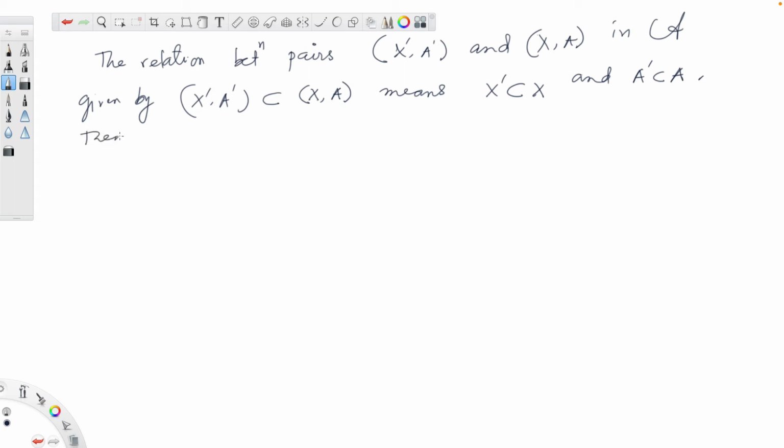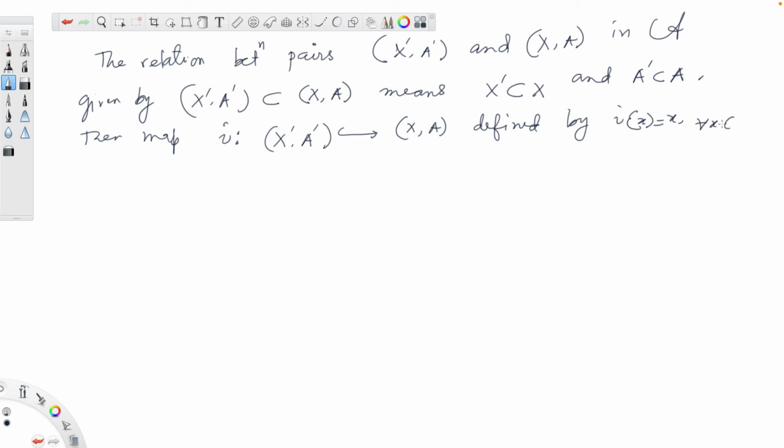And then the map I from the pair X prime comma A prime into X comma A is defined by I of x is equal to x for all x in the topological space X prime.